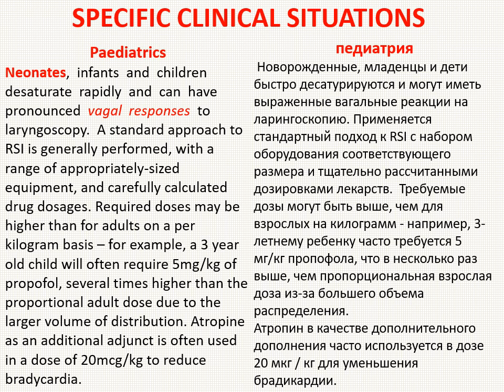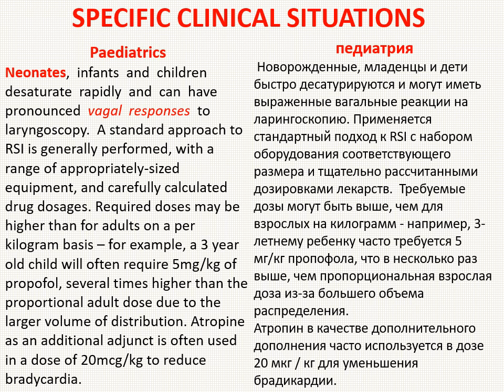Some specific clinical situations. Neonates, infants, and children desaturate rapidly and can have pronounced vagal responses to laryngoscopy. A standard approach to RSI is generally performed with a range of appropriately sized equipment and carefully calculated drug dosage. Required dose may be higher than for adults on a per kilogram basis.